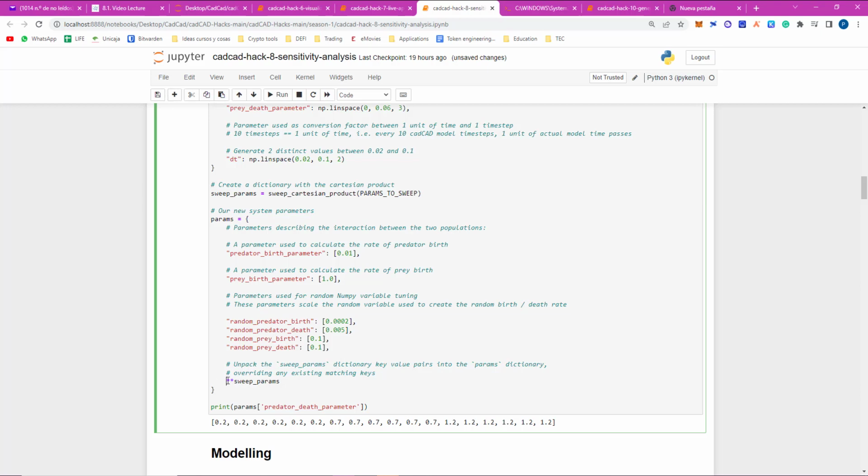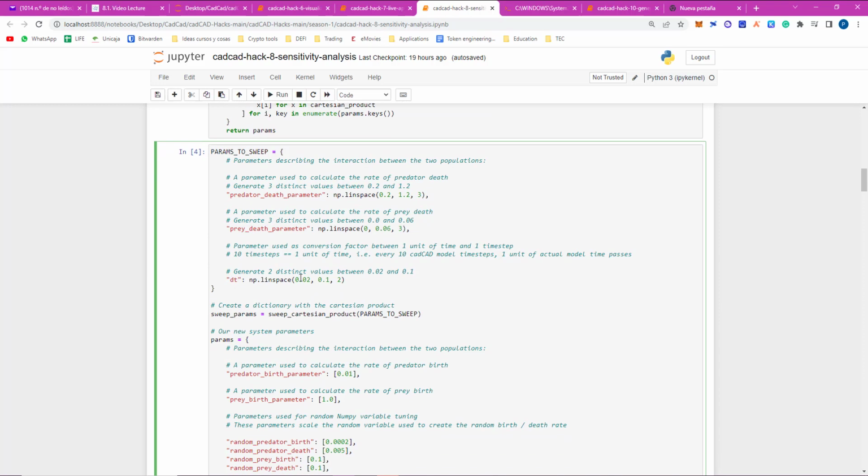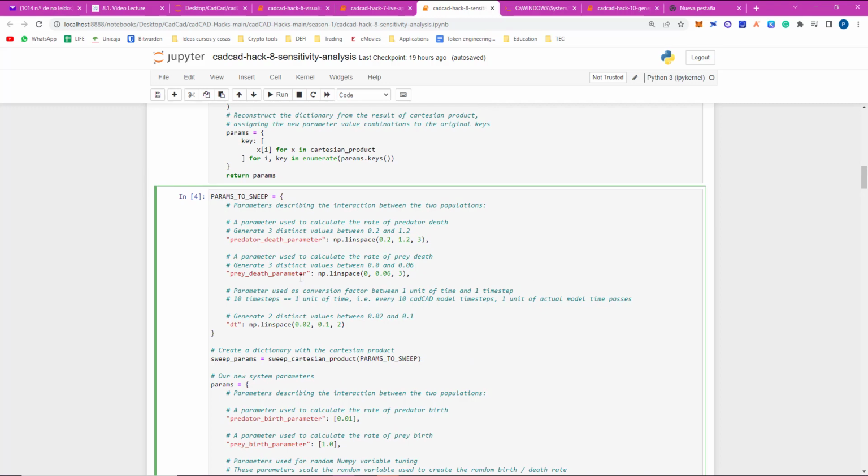Okay, so you get here the prey death, the DT, and the prey death parameter. Yeah. Do you understand what linspace means, by the way? Okay, so it's written in there. Basically it creates numbers that are equally spaced.